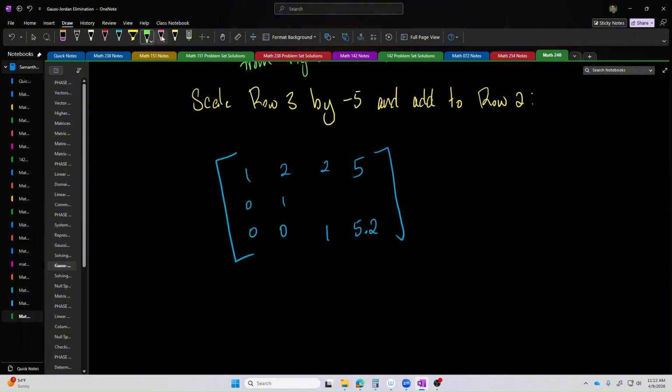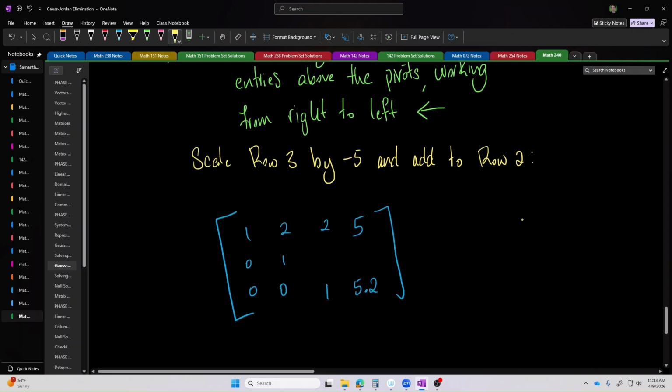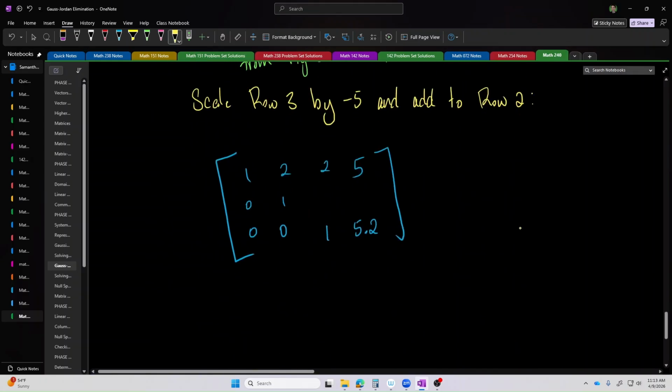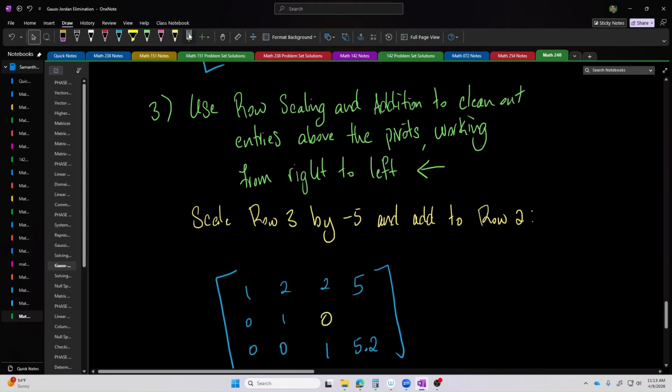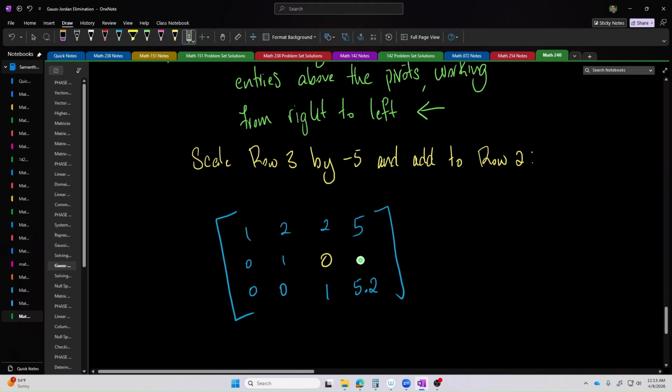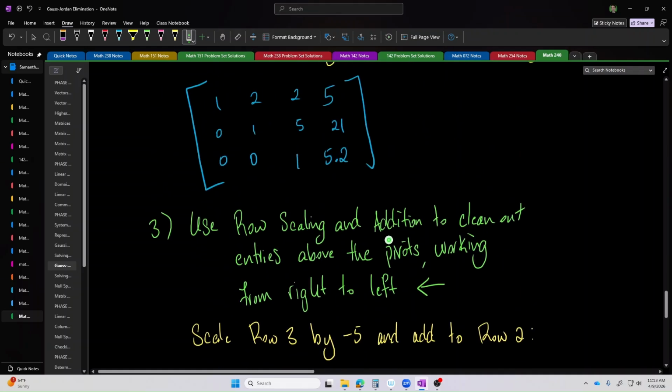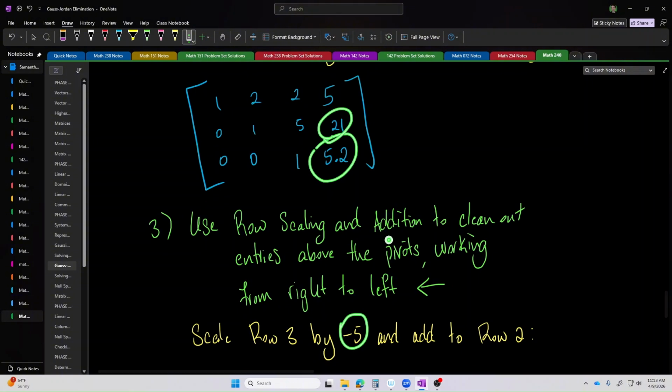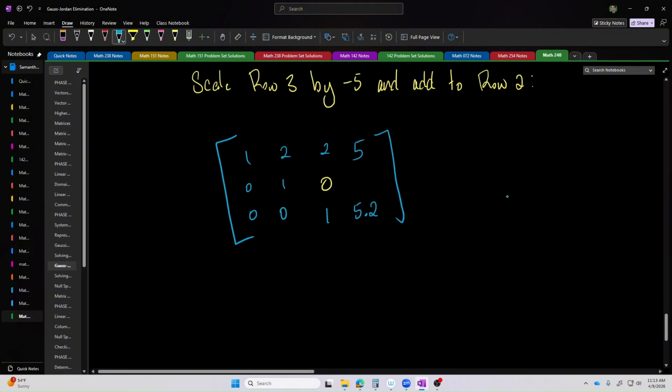So really the only thing that has the potential to change at this juncture is the value directly above 1, which by design has been canceled out and turned into 0. And then we calculate the value in this constants column, where we have 5.2 times negative 5 combined with 21, which is negative 5 in that position.